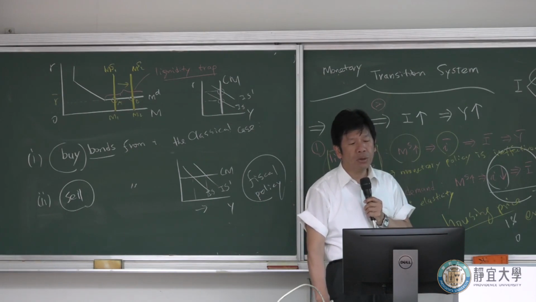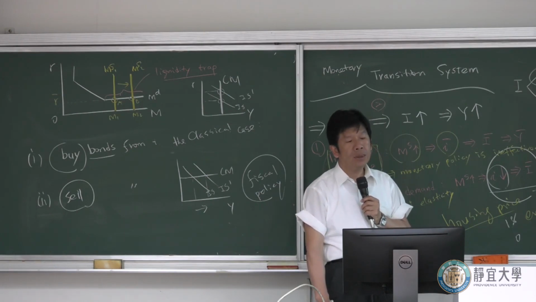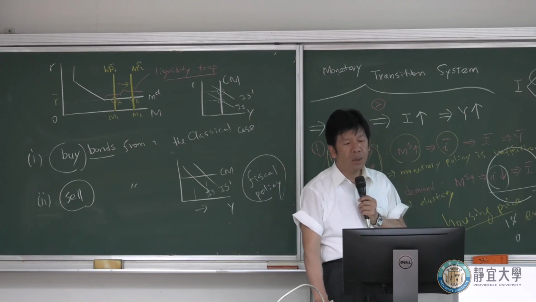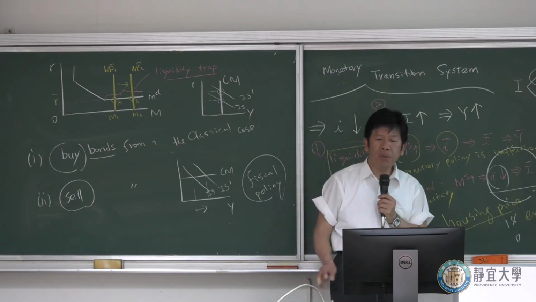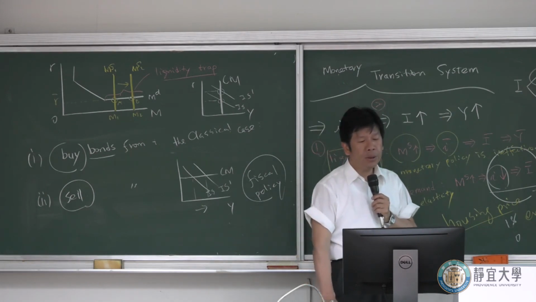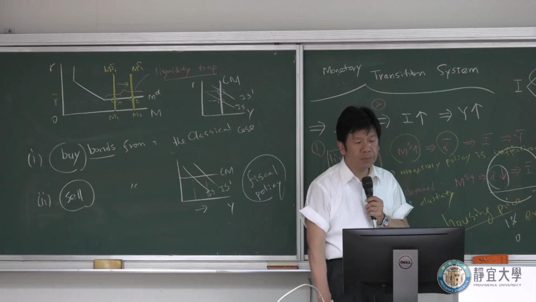Here we just try to compare. The vertical LM curve implies the comparative effectiveness of monetary policy over fiscal policy. So only money matters for the determination of output. So this is more important.